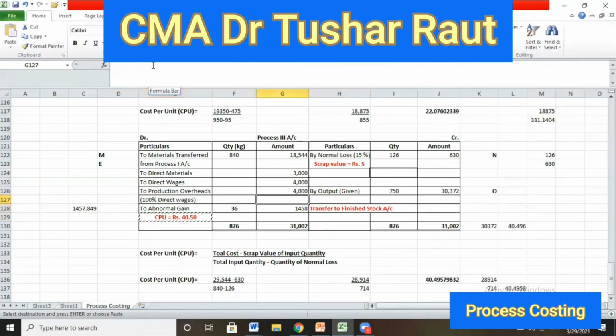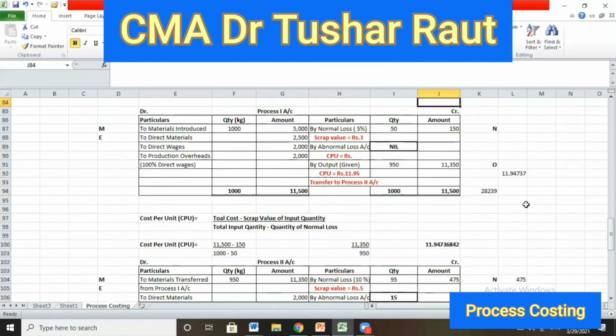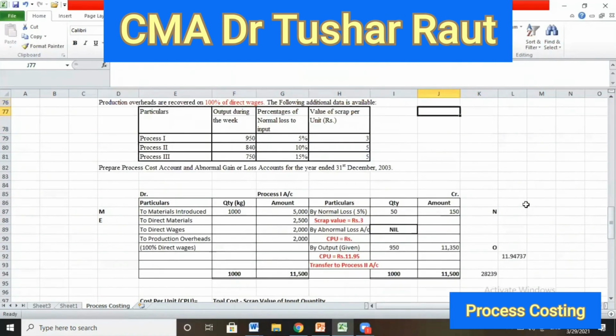So this is how process 1, process 2, process 3 has been completed. In case of process 1, there was no abnormal loss or abnormal gain. Hence, I said CPU can be directly calculated with the balancing amount of total cost divided by output.